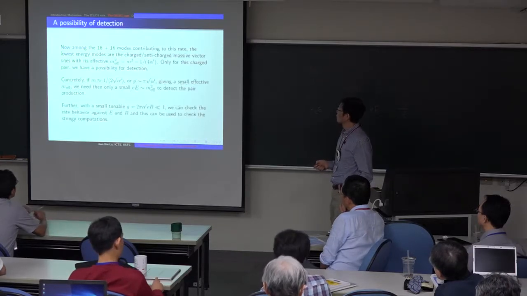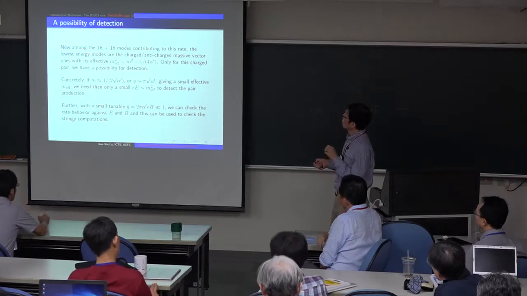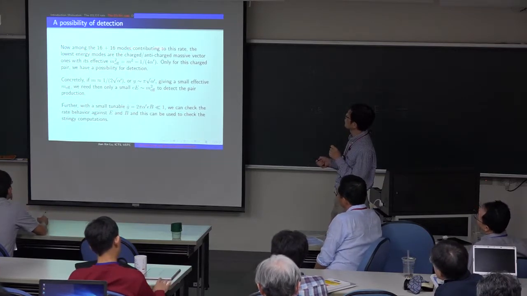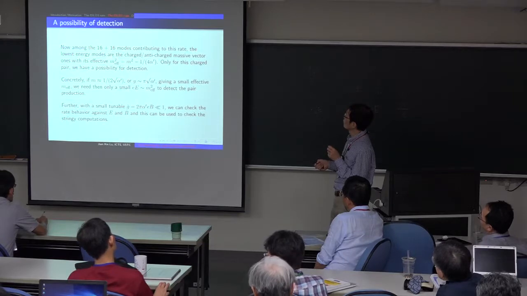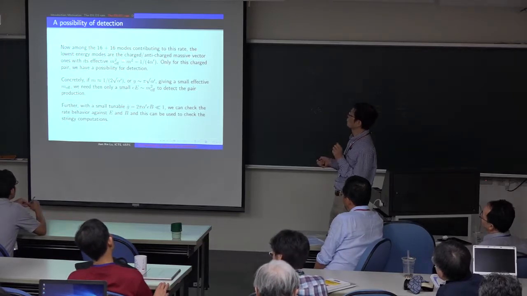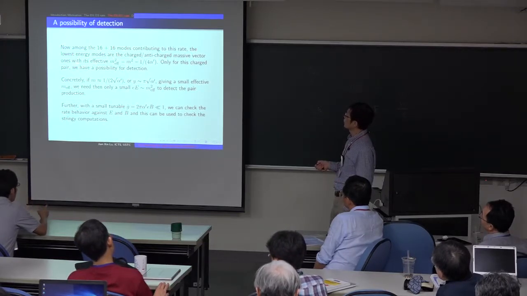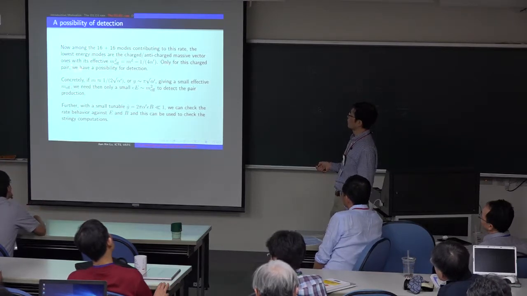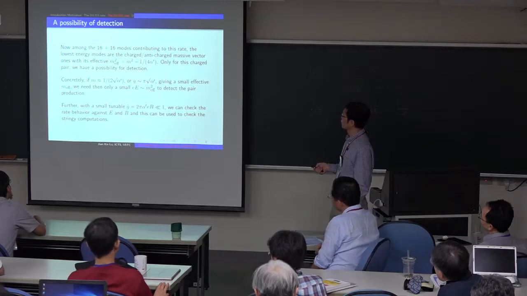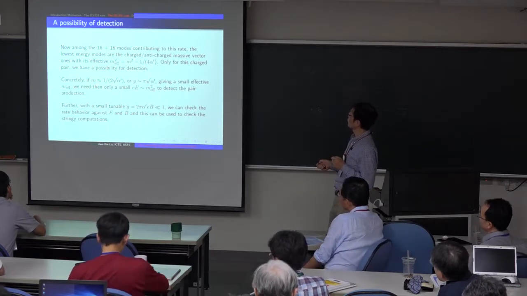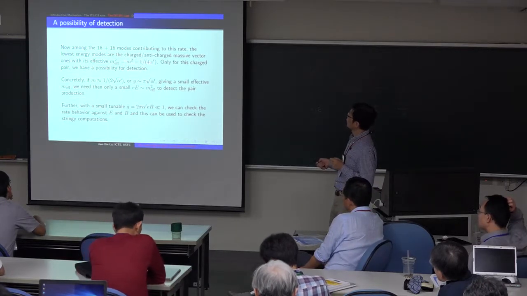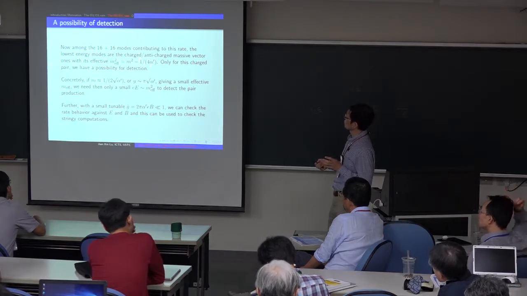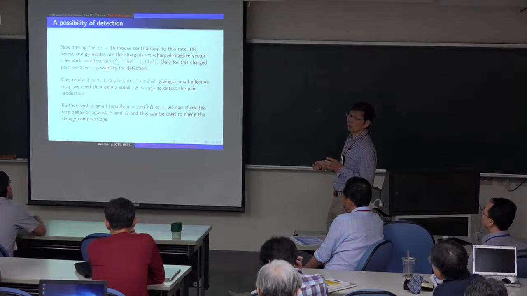So now we come to discuss: among the 16 plus 16 modes in the pair, the lowest energy modes are the charged and anti-charged modes, actually also the vector mode, with the effective mass given by this. So only for this charged pair do we have a possibility for detection. Concretely, if this one is also of the SUSY scale, and this one too, the two can cancel and be equal and small.